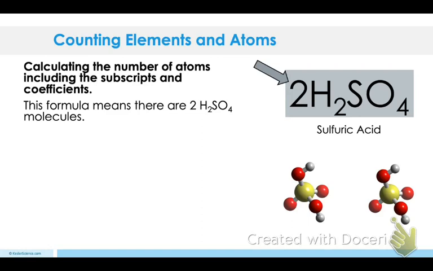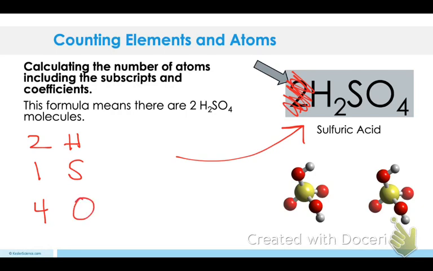So the first way that you can solve for it is to ignore this 2 for a second. Let's figure out how many atoms there are in this formula. I see that there's 2 hydrogens, 1 sulfur, and 4 oxygens.